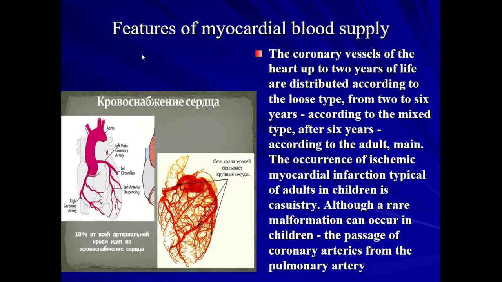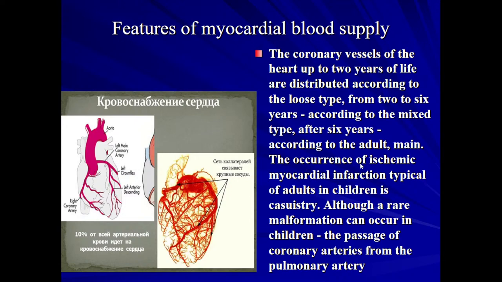Features of myocardial blood supply. The coronary vessels of the heart in the first 2 years of life are distributed according to the Lewis type. From 2 weeks to 6 years according to the mixed type, and just over 6 years old according to the adult, the main type.